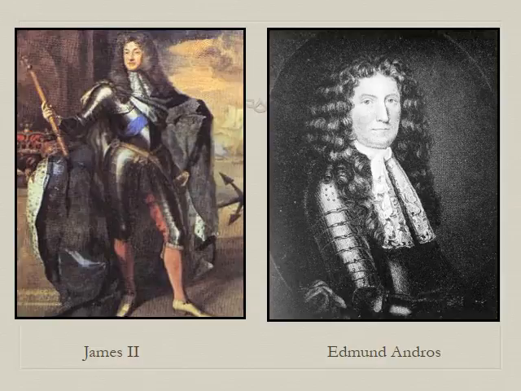Now, Charles II, the former King of England, he died, and he was replaced by his brother, James II, in 1685. Now, James II was the first Catholic monarch in England since Queen Mary back in the 1550s. He would also be the last Catholic monarch.